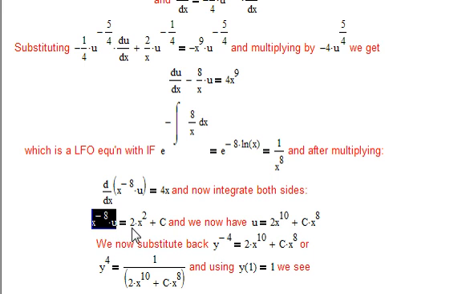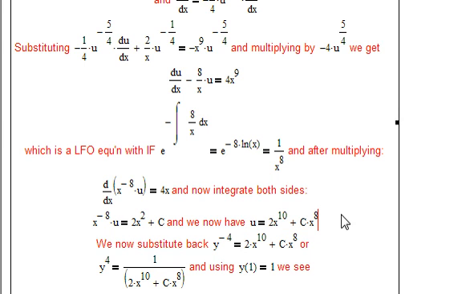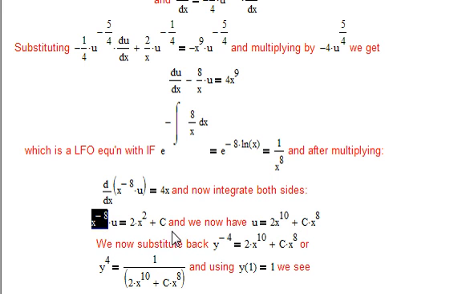Integrating 4x, we get 2x squared plus some constant. That's the combined constant from this side and this side. And we now have u equals 2x to the 10th plus c times x to the 8th. I hope you see where that came from, because we've got to multiply both sides by x to the positive 8 to clear that off.